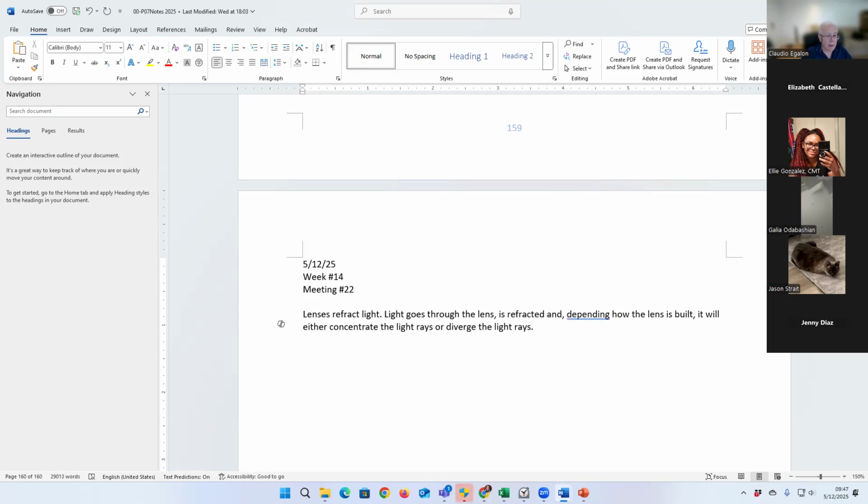Lenses that concentrate the light rays are positive lenses, and lenses that diverge the light rays are negative lenses.